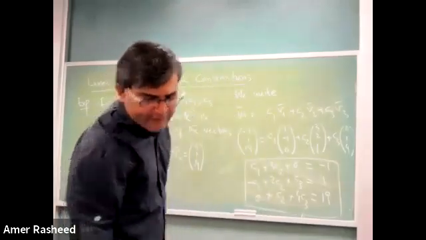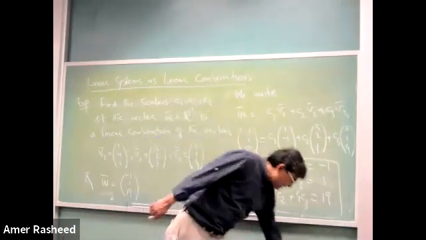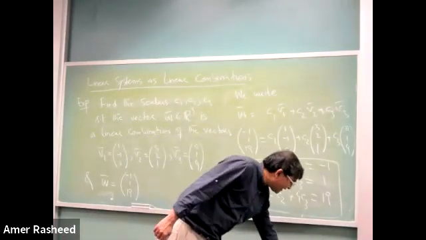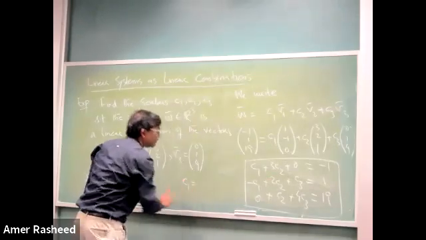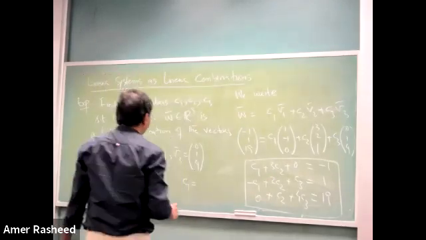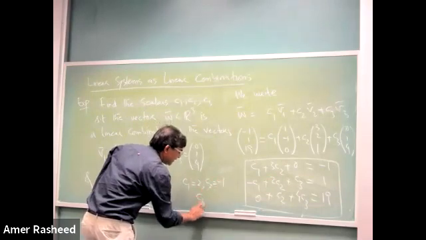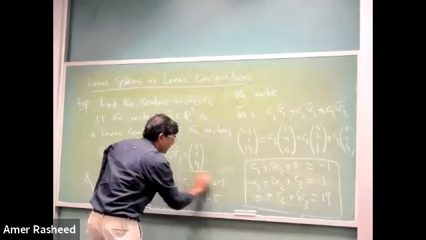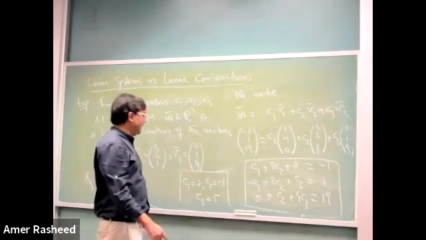After solving this, we obtain the values C1 is equal to 2, C2 is -1, and C3 is 5. So we obtain these three values. I hope you can solve this non-homogeneous linear system.